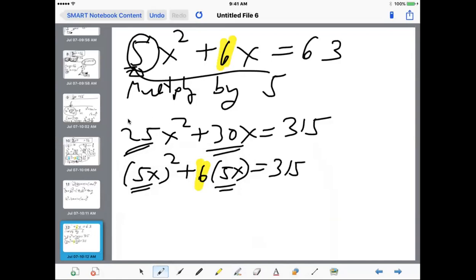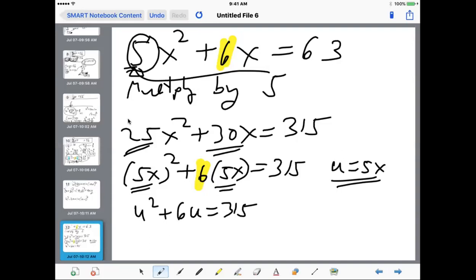Well, I'm going to do a substitution if you don't mind. They wouldn't do this, but I'm going to just call it u for a second. So u is 5x, and now I have u squared plus 6u equals 315. And I've managed to get rid of, in a sense, the coefficient there, the 5. And now this u squared plus 6u equals 315.